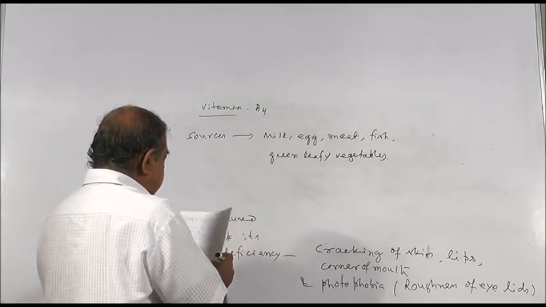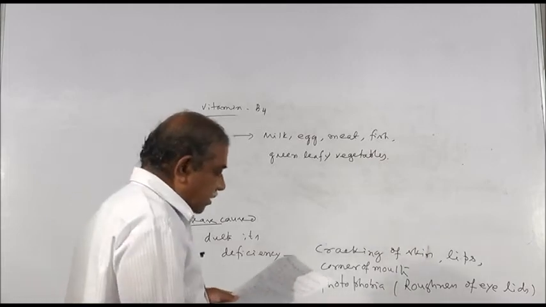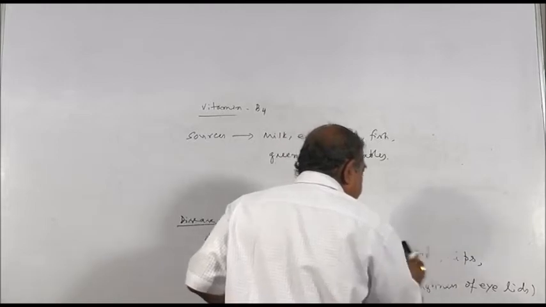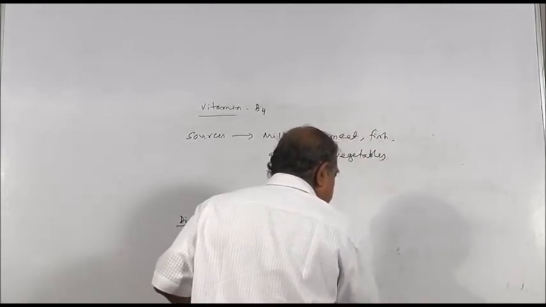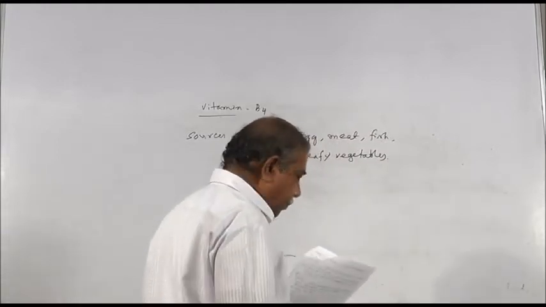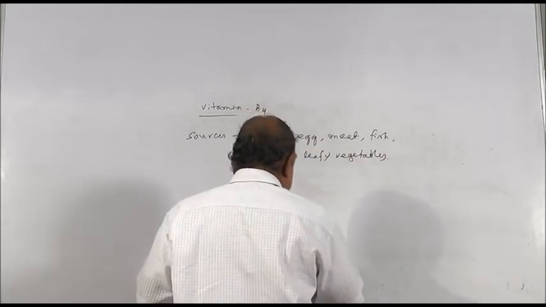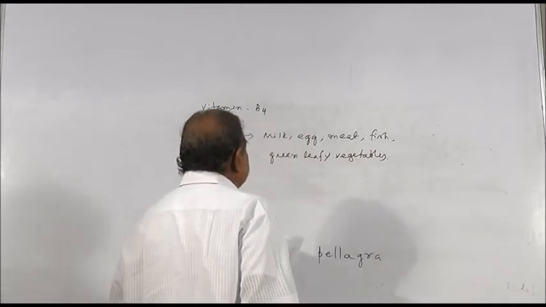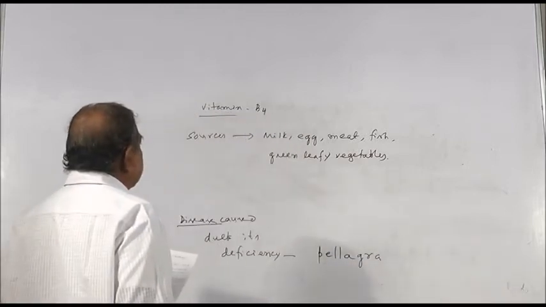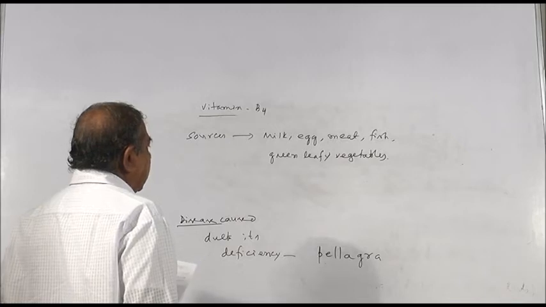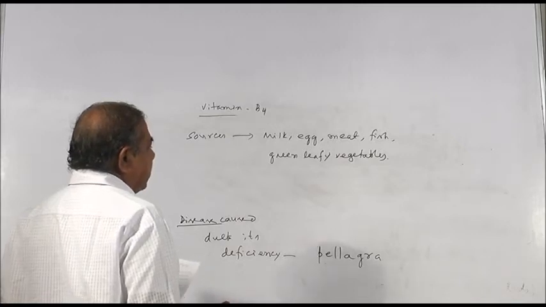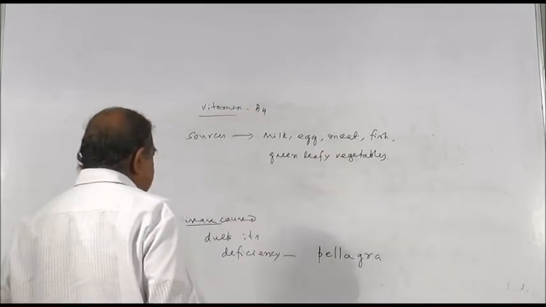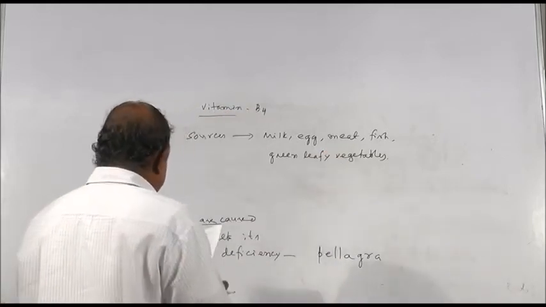The deficiency of vitamin B4 causes the disease called pellagra. So the disease caused due to its deficiency is pellagra.